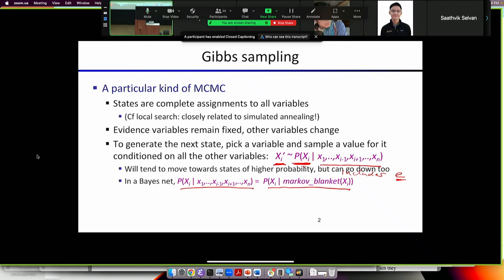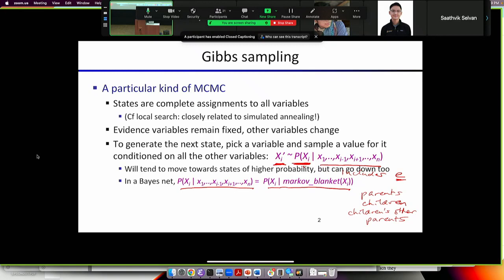Okay, what is the Markov blanket? It is the parents. I'm not sure why I didn't have this written on the slide, but anyway, the parents, the children, and the children's other parents. Okay, now there's a picture of that on the next slide, I think.